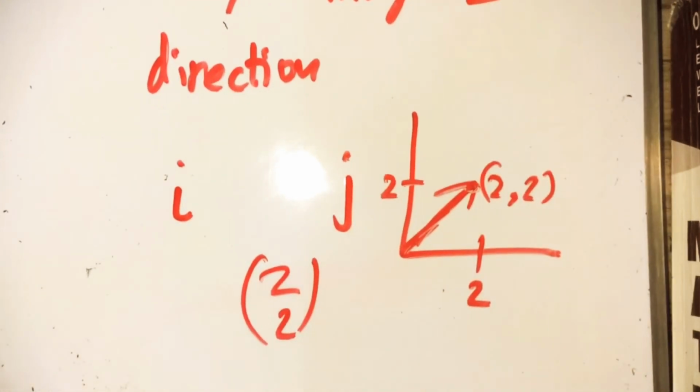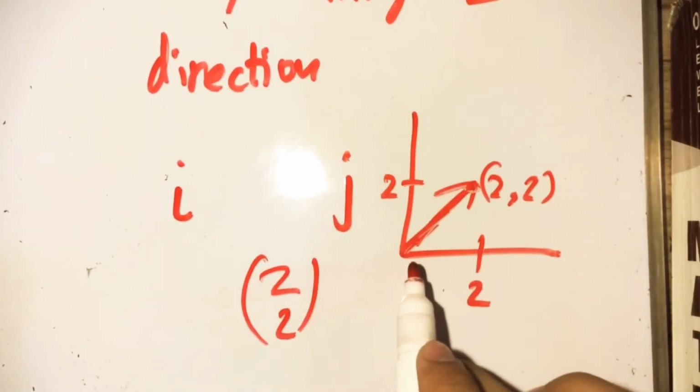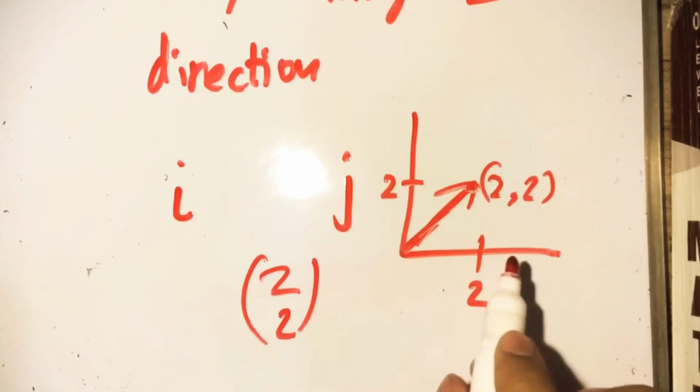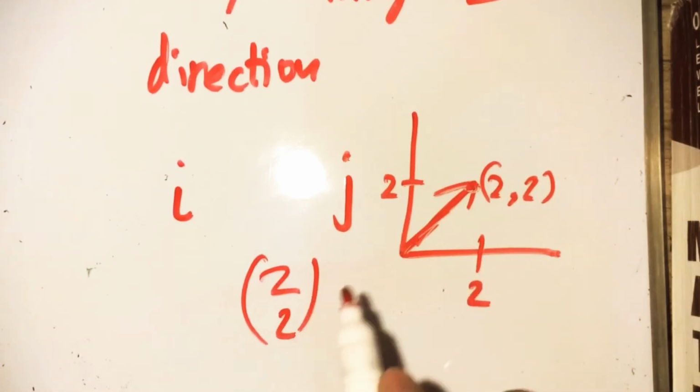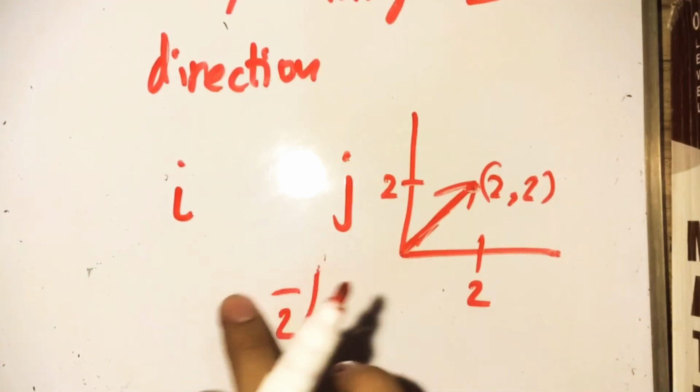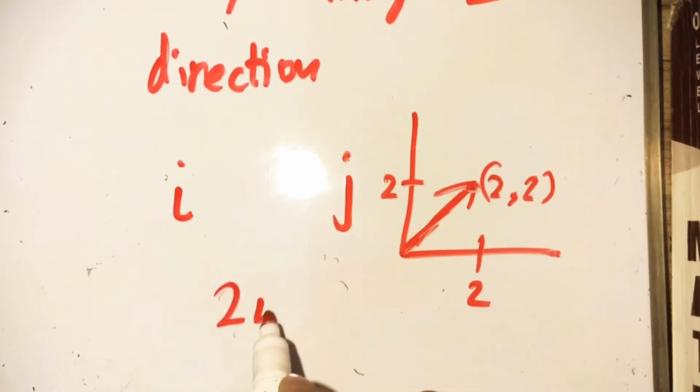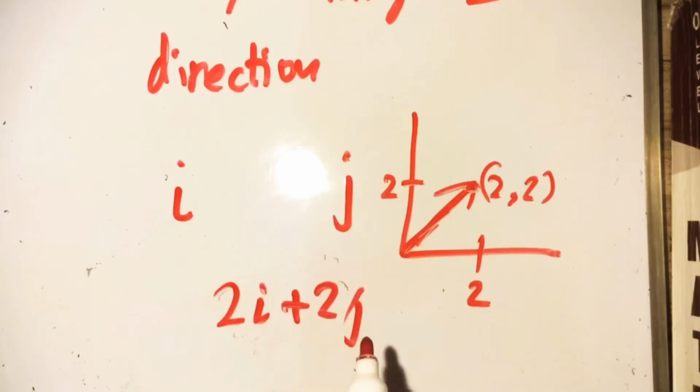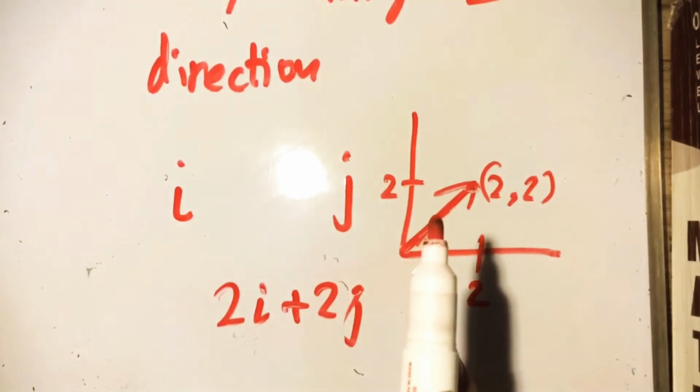So that is that on the x-axis it is moving 2 blocks, the upper value shows that, and on the y-axis it is moving 2 blocks, the lower value shows that. Now we can also write this as 2i plus 2j. So 2i means that on the x-axis it is moving 2 blocks towards the right, and 2j means that on the y-axis it is moving 2 blocks upwards.